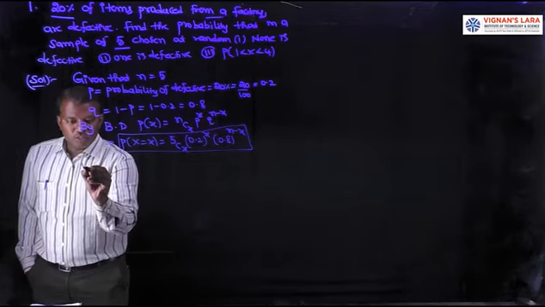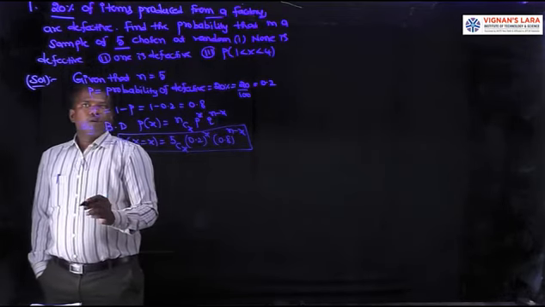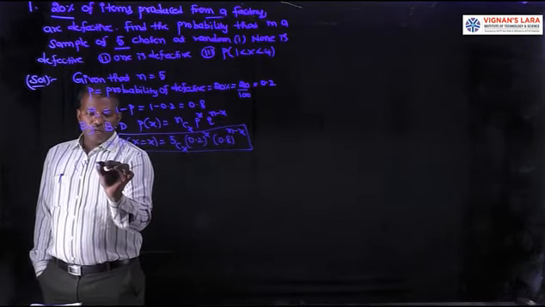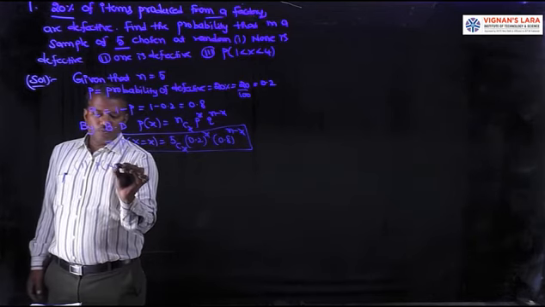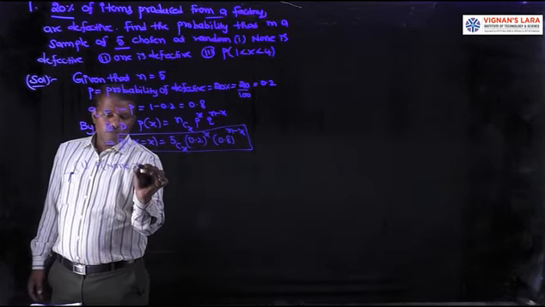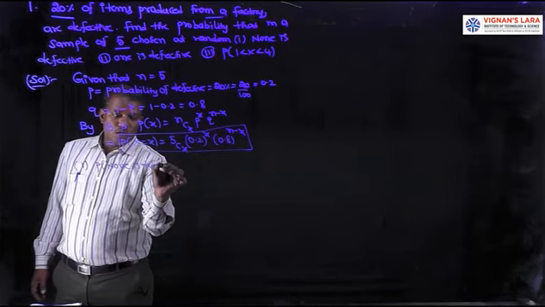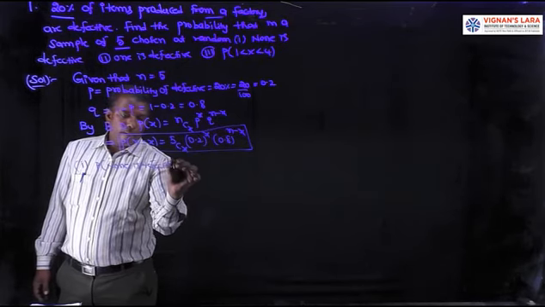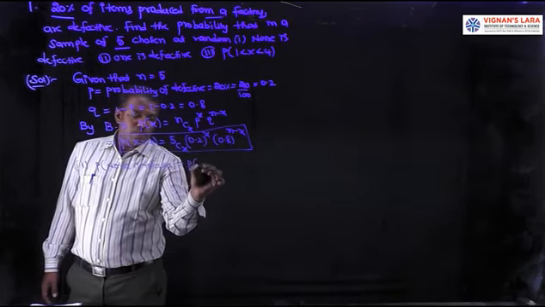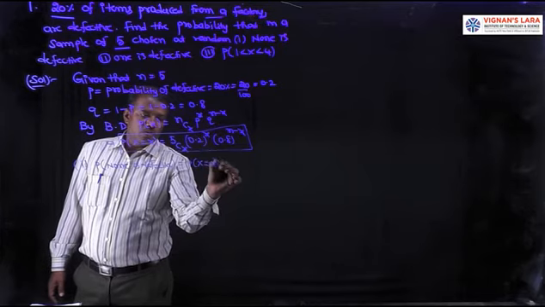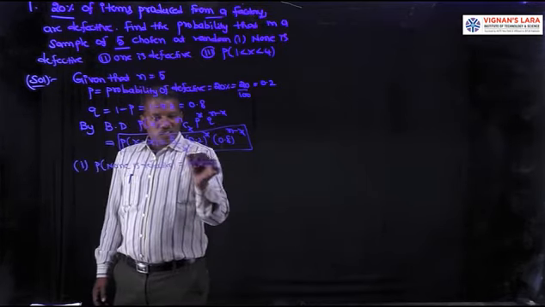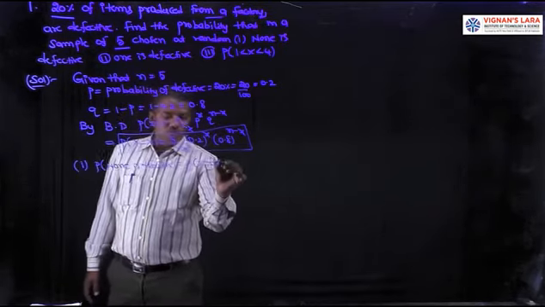Then coming to the first one, none is defective. P of none is defective means P of x equal to 0. In this result replace every x by 0.